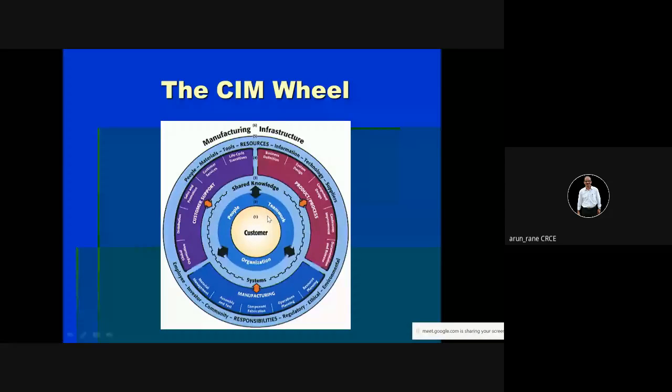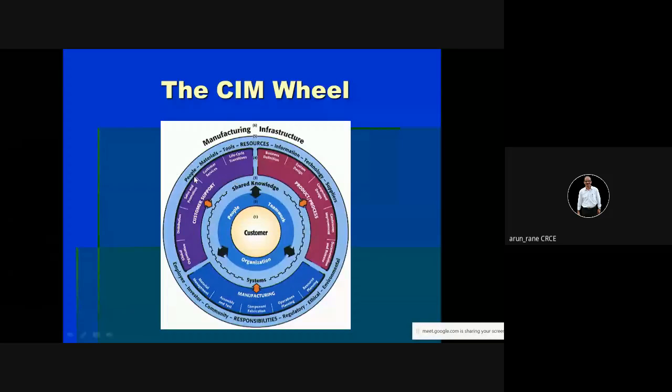There is teamwork, then you have organization, then we have product and processes, which is followed by manufacturing, which is followed by customer support or customer service. Integration of all this is nothing but computer integrated manufacturing.